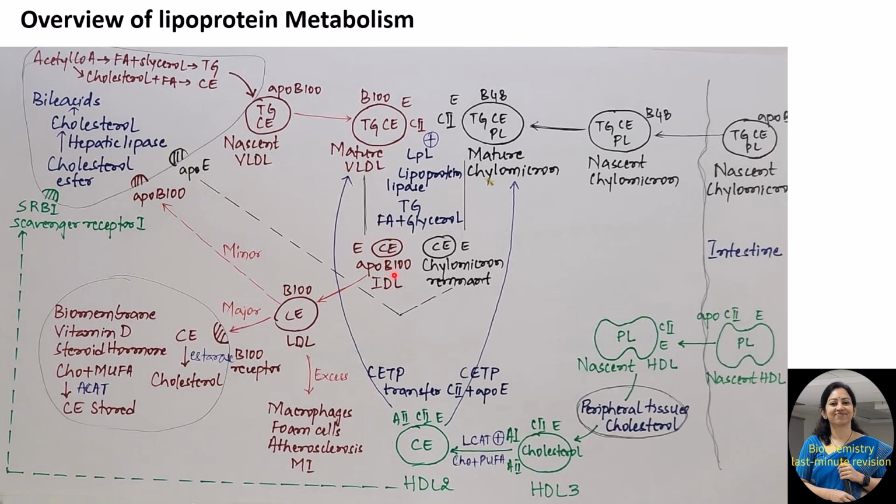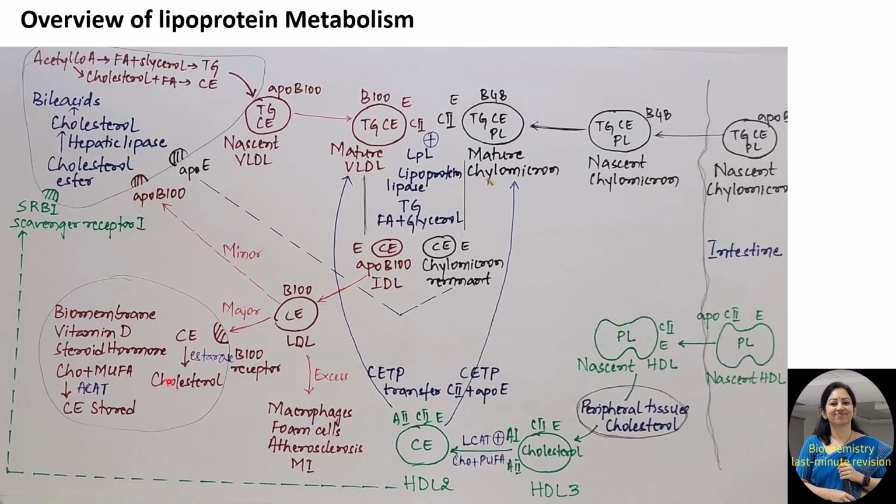But the majority of the IDL gets converted to LDL. After it loses its ApoE, it gets converted to low density lipoprotein, which now has only ApoB100 on its surface. This LDL delivers the cholesterol esters to all the peripheral tissues. In the peripheral tissue, esterase enzyme hydrolyzes cholesterol esters to free cholesterol.